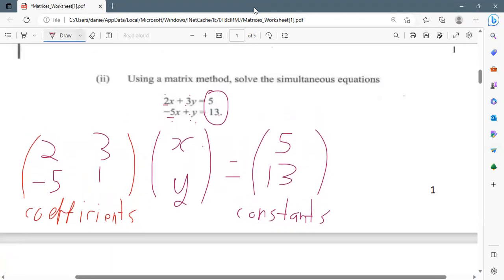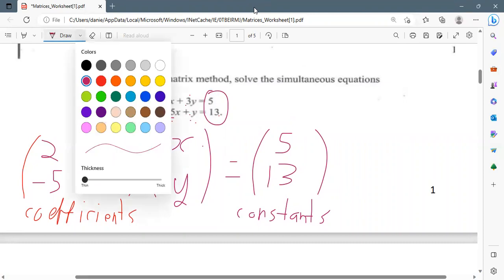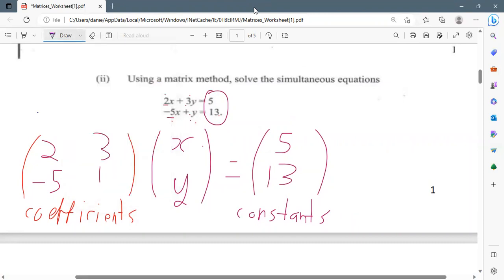So now we need to solve for x, right? Second step, we can label each matrix. We can label this A, this piece here X, and it is equal to B. So now we have AX is equal to B. You want to solve for X here, so multiply by the inverse of A to get X by itself.